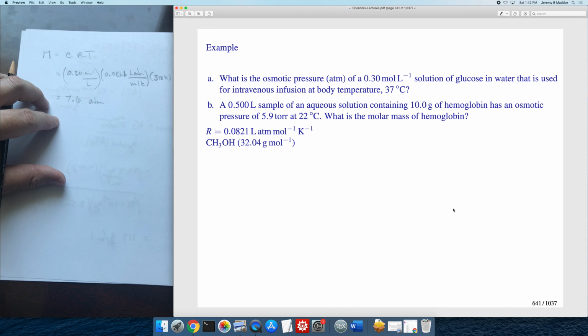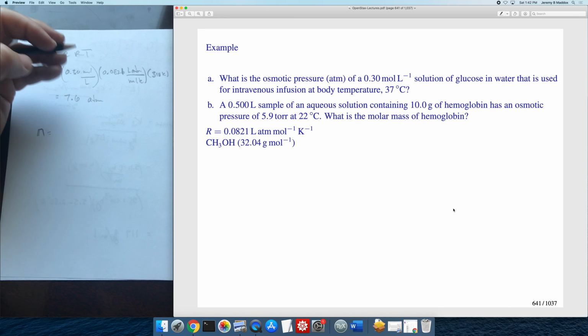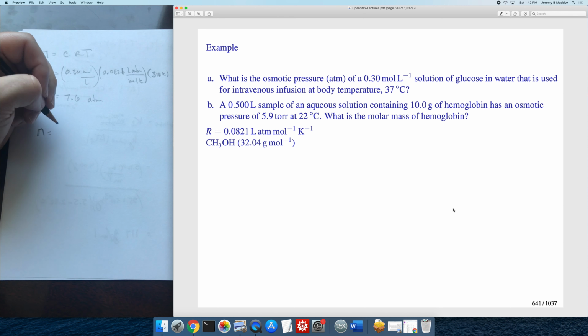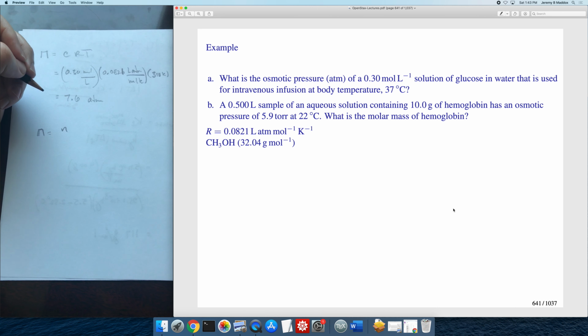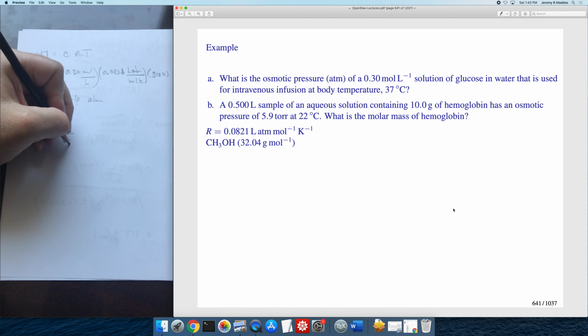For the second one, this is a molar mass one. These are kind of fun. So it's the same deal. We've got the osmotic pressure. The molarity is equal to the number of moles of the solute divided by the volume of the solution.